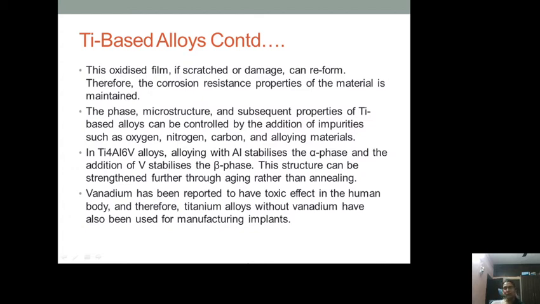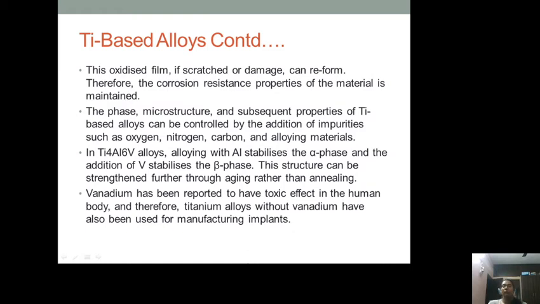The stabilization of these two phases gives it superior strength. The structure can be strengthened even further through aging rather than annealing. So instead of annealing the metal to improve the strength, if you just let it rest for a specified duration of time, it strengthens further.